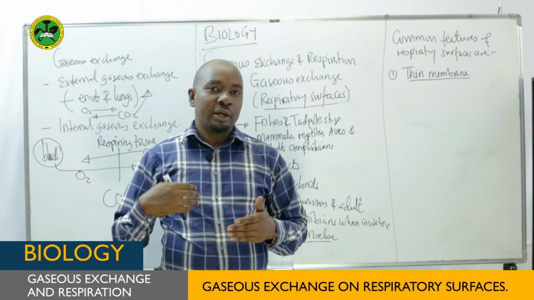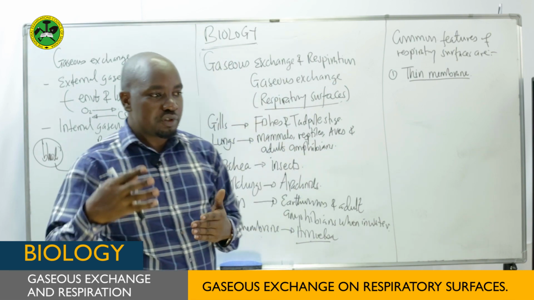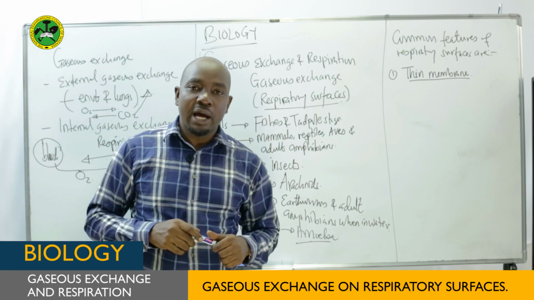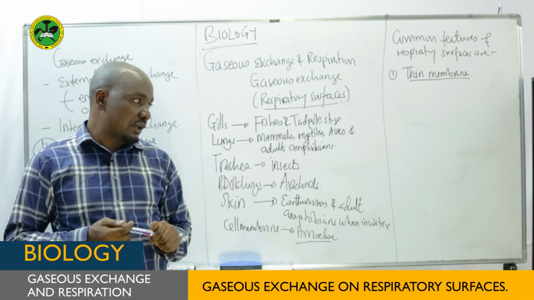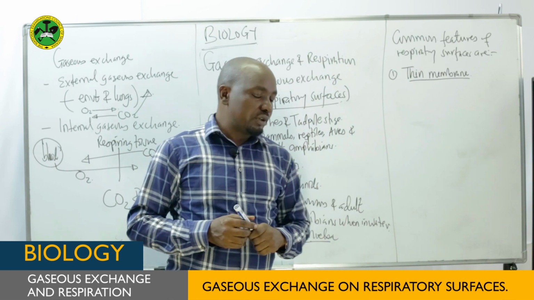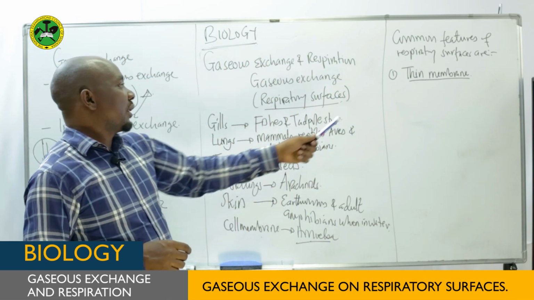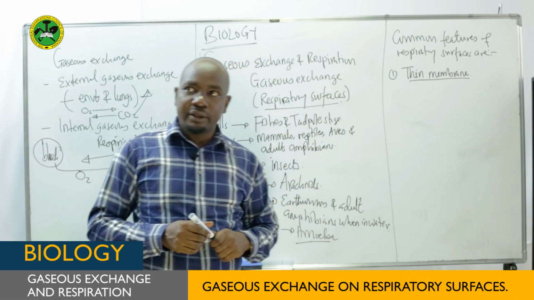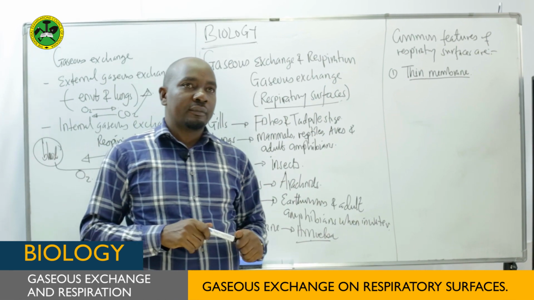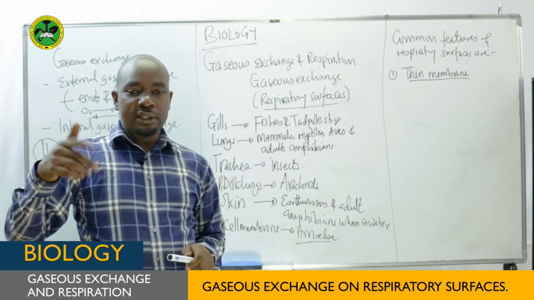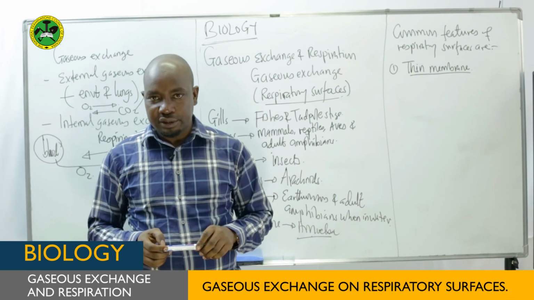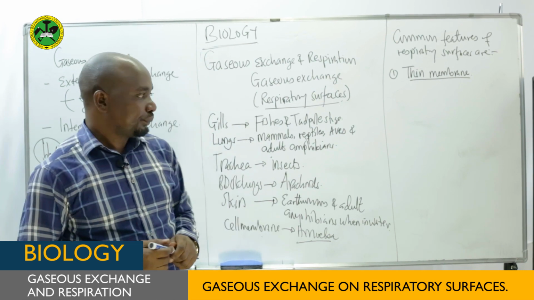So oxygen and carbon dioxide will diffuse easily, and hence minimize the time for the gaseous exchange. If this respiratory surface were thick, the diffusion of gases would take much time, and hence it could affect some of the processes.